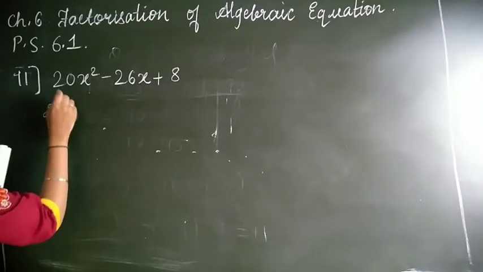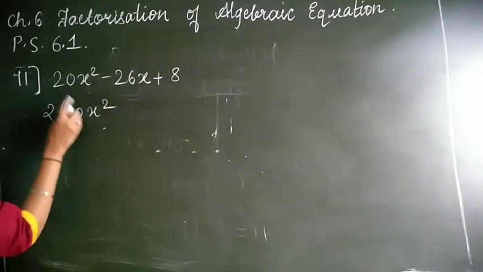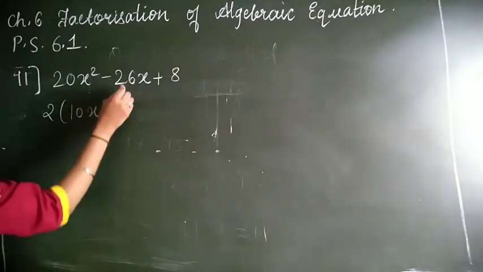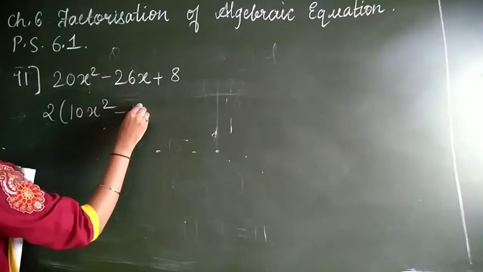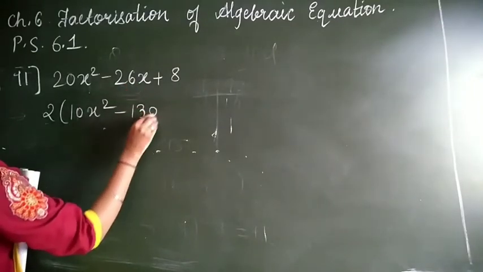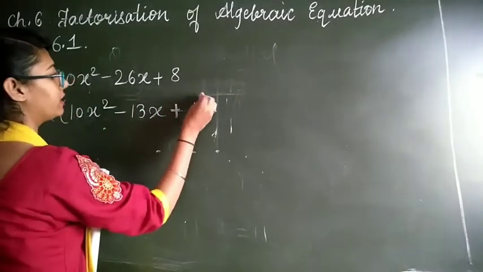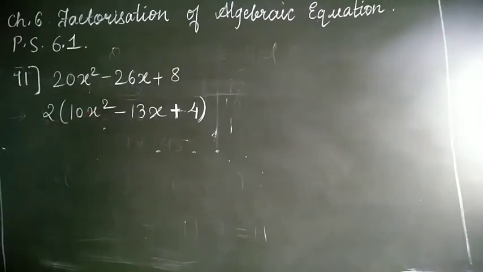So 2 into 10 will be 20x square, minus 2 1s are 2, 2 3s are 6x, plus 2 4s are 8. Okay, we got these terms. This is the simplified term.